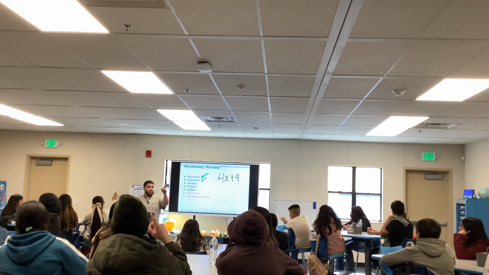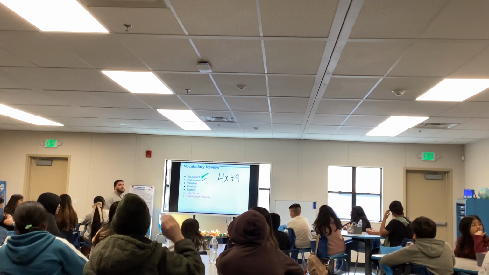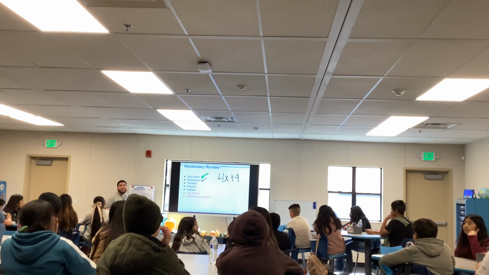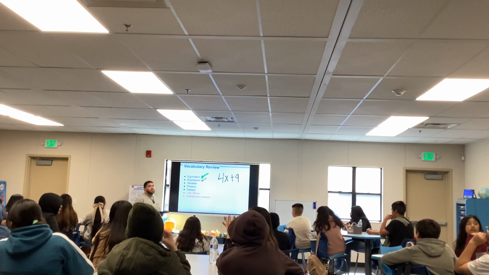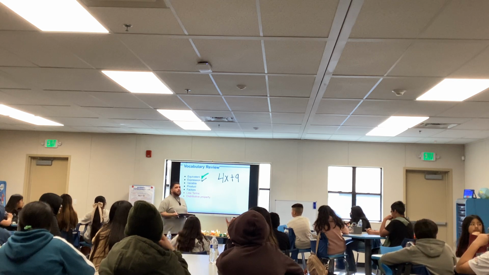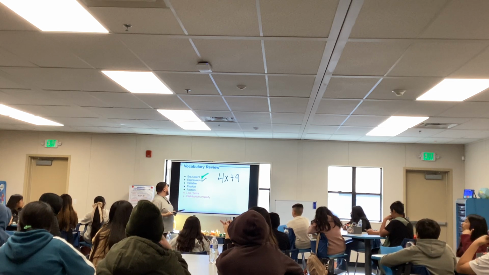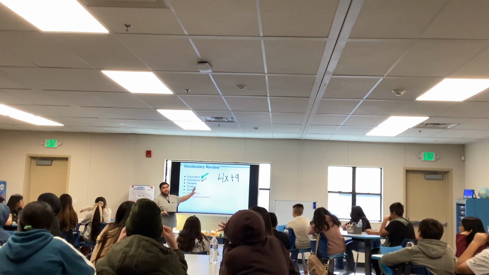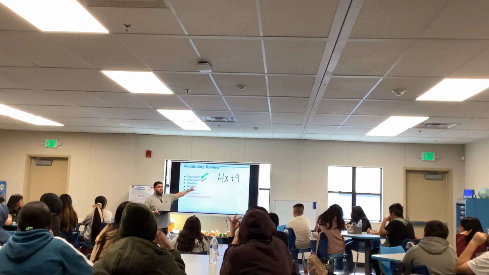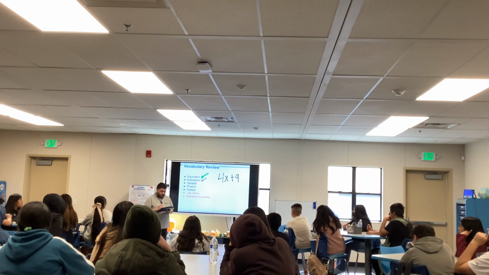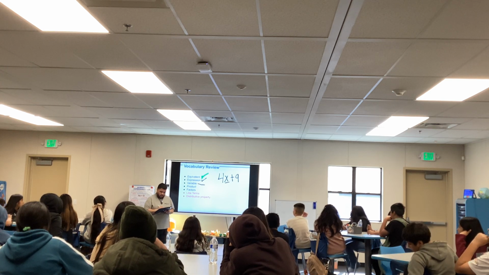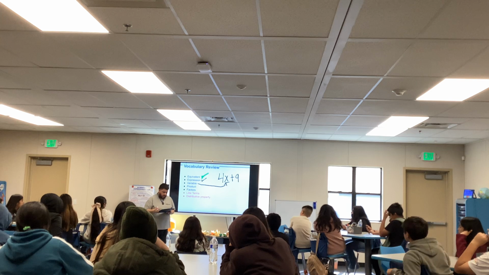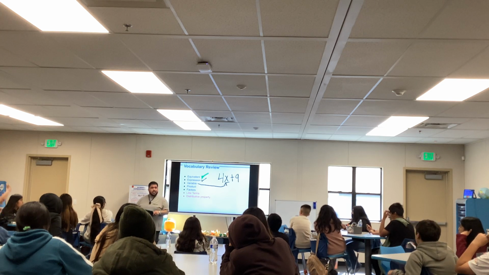What is a variable? The variable is an unknown number, and we use letters to represent it. Is there a variable in our example right here? Yes. What's our variable? X.